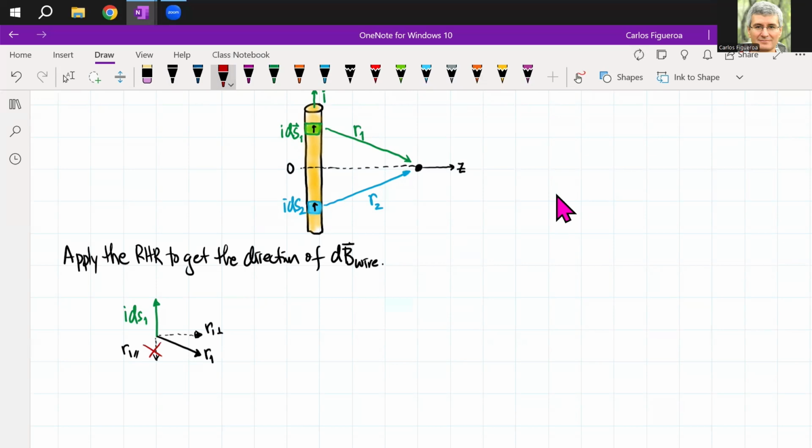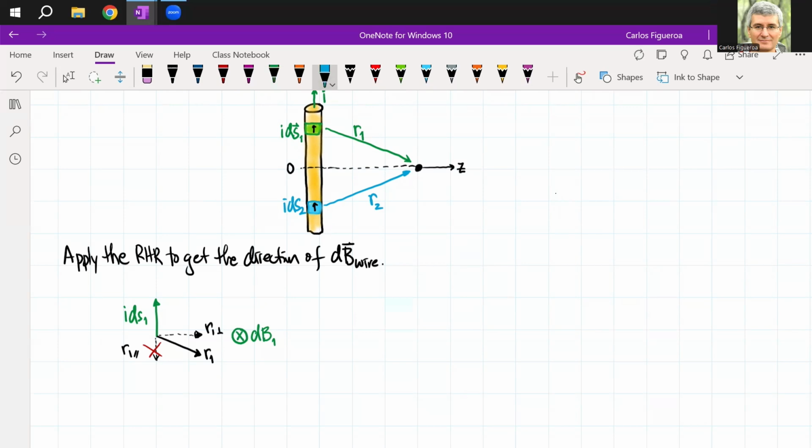So I only have two vectors. So using my right-hand rule, I see that there's going to be a contribution of the magnetic field by I ds1 that goes into the screen.